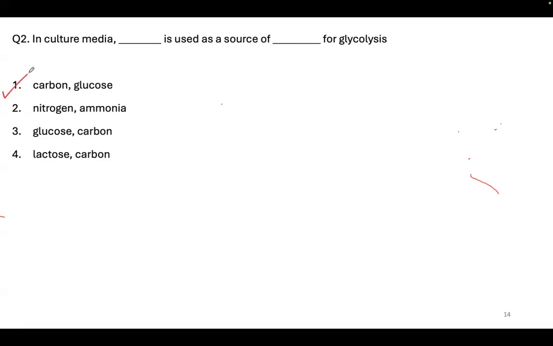So glucose is used as a carbon source, right? It's not carbon as glucose, but glucose as carbon. Good. So it's a confusing question, but just read all the options carefully.